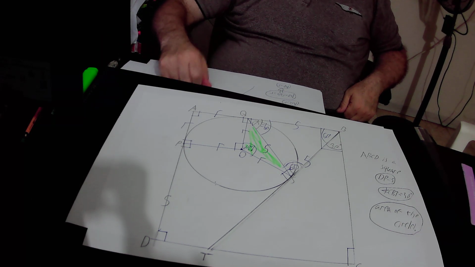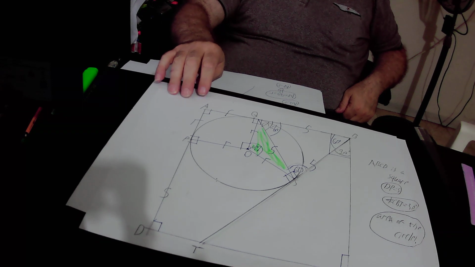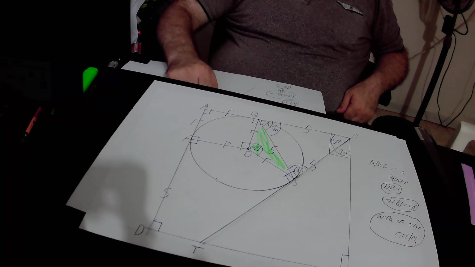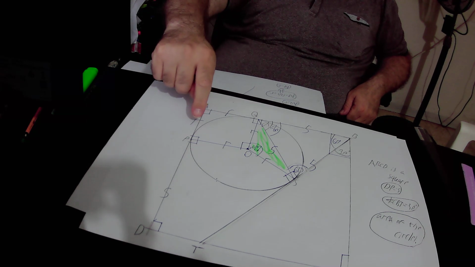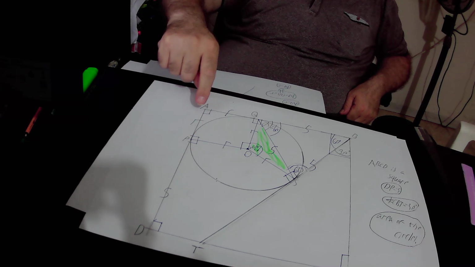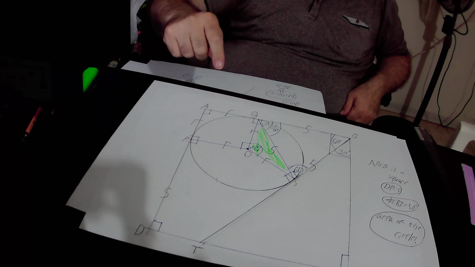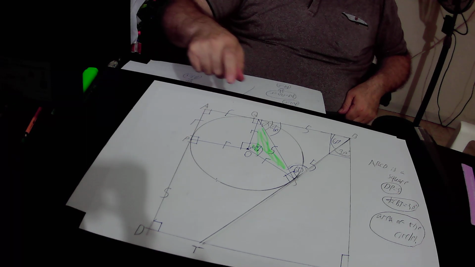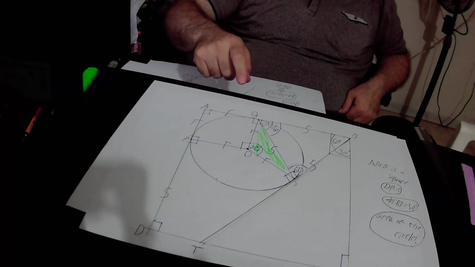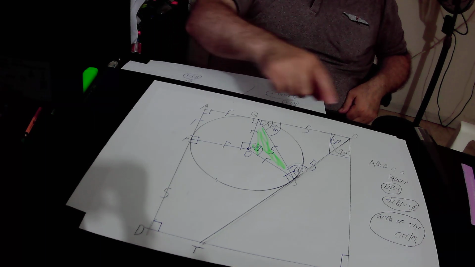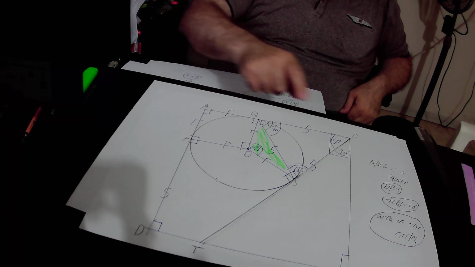So here we defined the center of this circle as O. Point P is the point of tangency of tangent AD with this circle, and point Q is the point of tangency of tangent AB with this circle.